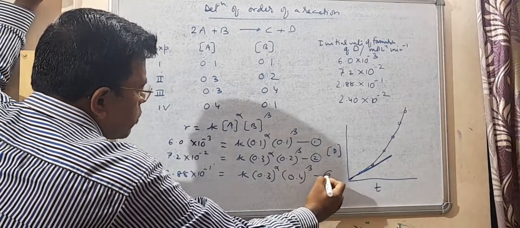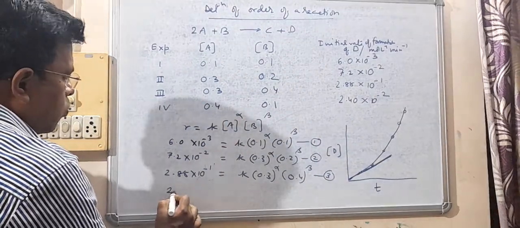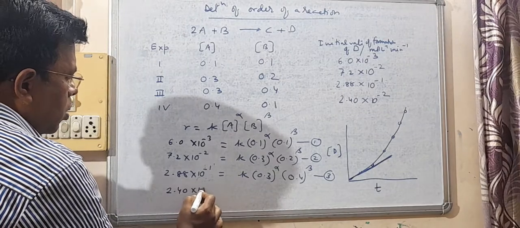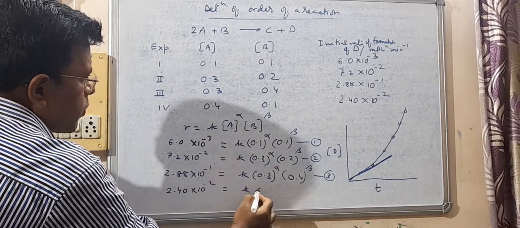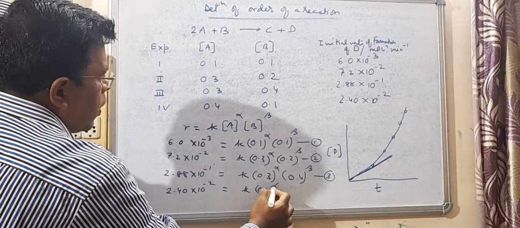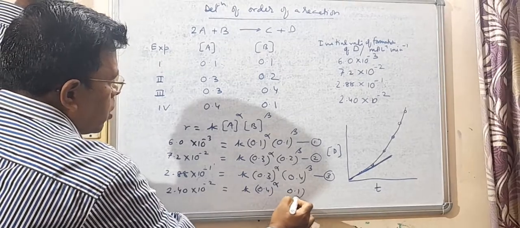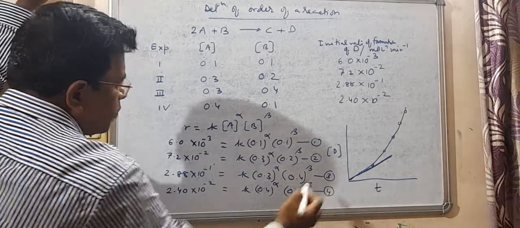This is equation number 3. And finally we have 2.40 into 10 to the power minus 2 equal to K, 0.4 to the power alpha, 0.1 to the power beta. This is equation number 4.